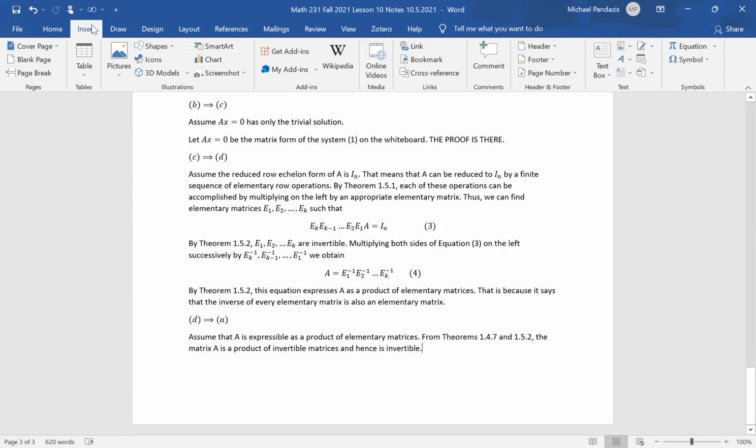Okay, so I'm just going to write that quickly on the whiteboard, right? We assume that A is a product of elementary matrices. So A is equal to E1, E2, ..., E sub k for some k, right? And so A is a product of elementary matrices, but each E is invertible by theorem. Every elementary matrix is invertible by theorem.